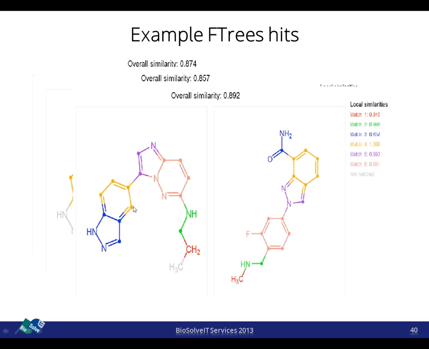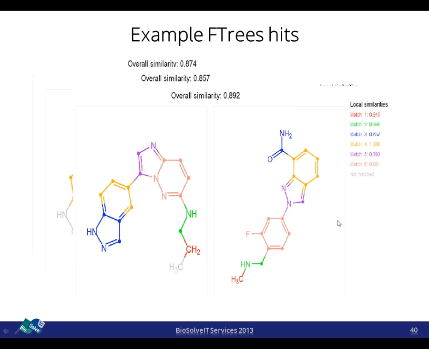This hit has taken an indazole ring where we have an H-bond donor and an H-bond acceptor, and it's mapped that as a similar feature to a carboxamide. And in terms of fingerprints, that's a similarity that a fingerprint would likely miss, even though in terms of a kinase inhibitor, you might well see those as a very common hinge binding motif.